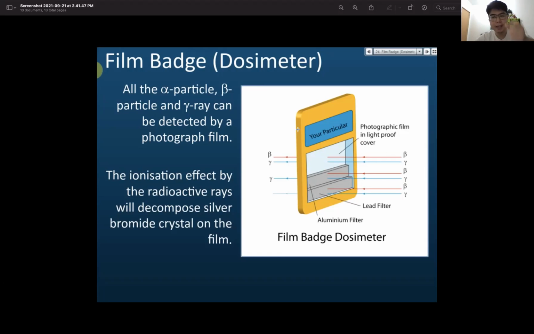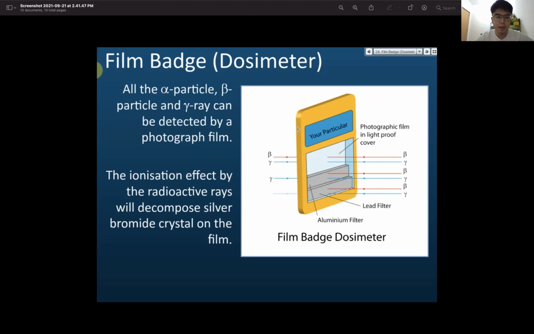But the bad thing is that usually, if you work at radioactive places, it affects longevity. Some people cannot live up to 60 or 70 years old, and they die at 40-something because of the prolonged exposure to radiation.